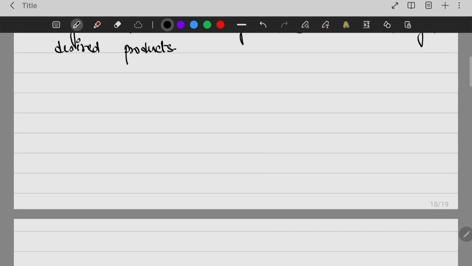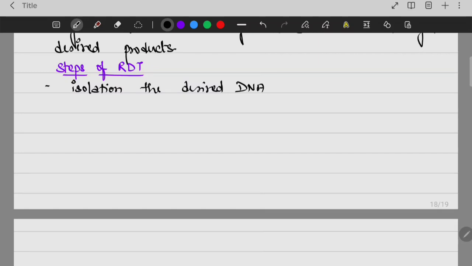So what are the steps basically? First step, so steps of RDT. First step is the isolation of the desired DNA. You know, we require the desired DNA for its full functionality and usage in our lives.